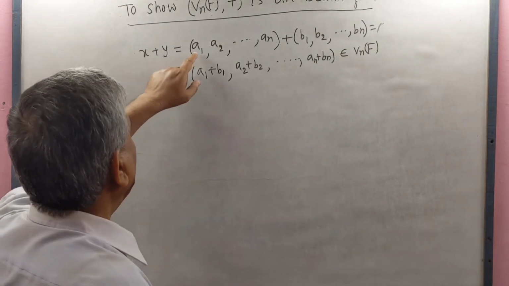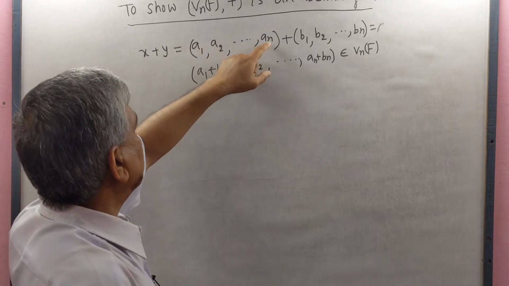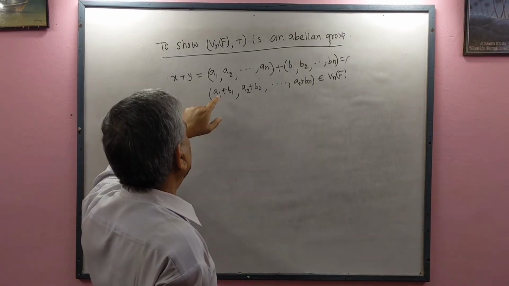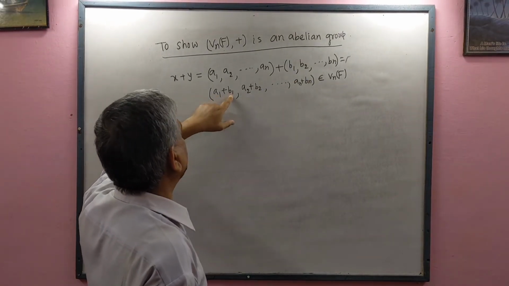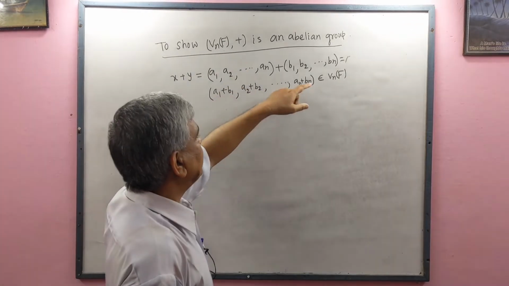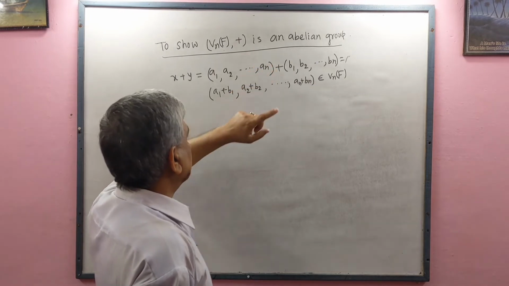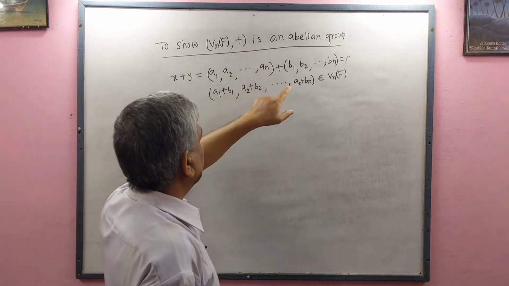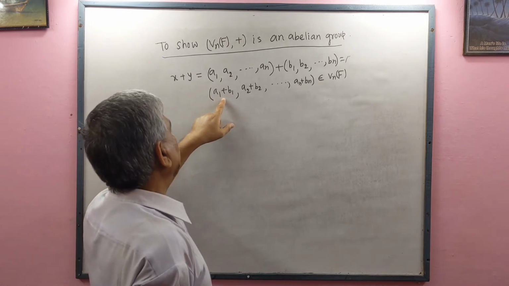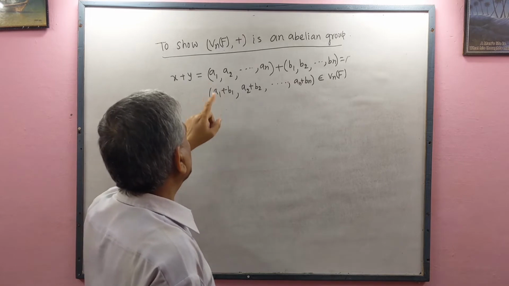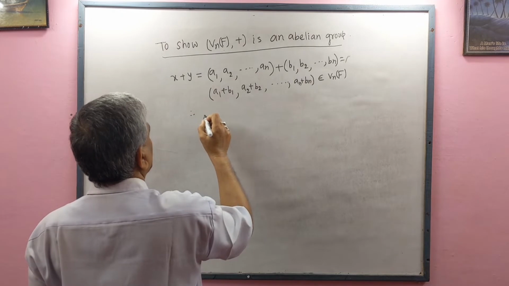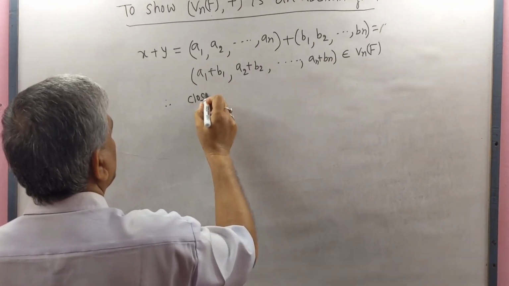As a1, a2, ..., an belong to F and b1, b2, ..., bn belong to F, therefore a1 plus b1 belongs to field F, a2 plus b2 belongs to F and an plus bn belongs to F. So each element inside the bracket is an element of F. So this shows the closure property. So closure property holds.